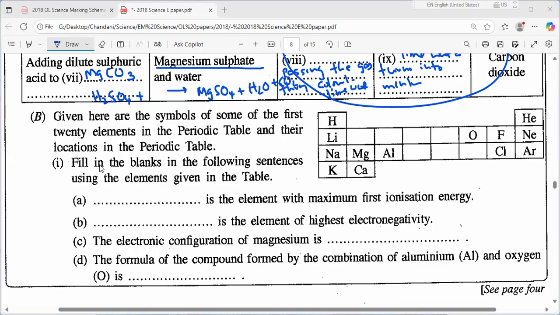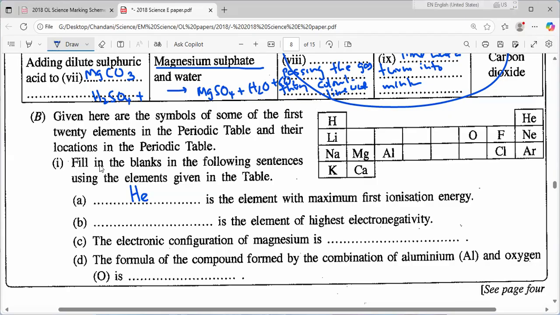Element with the maximum first ionization energy is, you know, a group 8 one. Here there are three group 8 elements. Out of those, helium has the maximum first ionization energy.